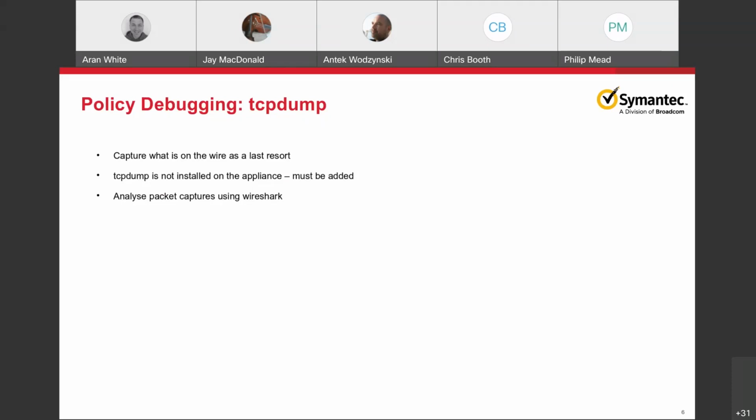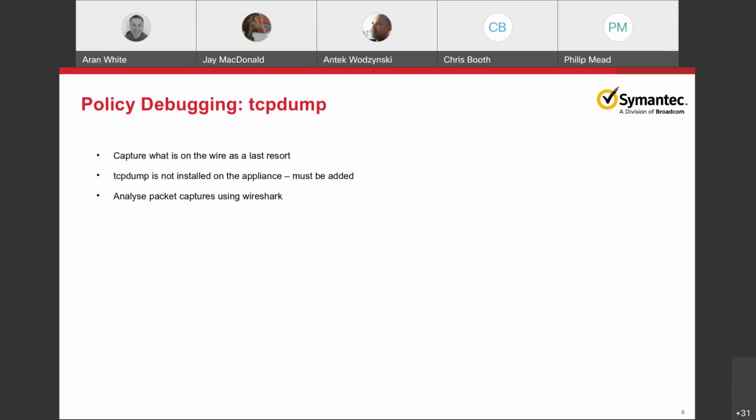Sadly, or fortunately, TCP dump is not installed by default on the appliance. Having a packet capture tool on a security appliance is a bit of anathema. So if you are planning to use it, it will need to be installed on the gateway. We talk to support about that.